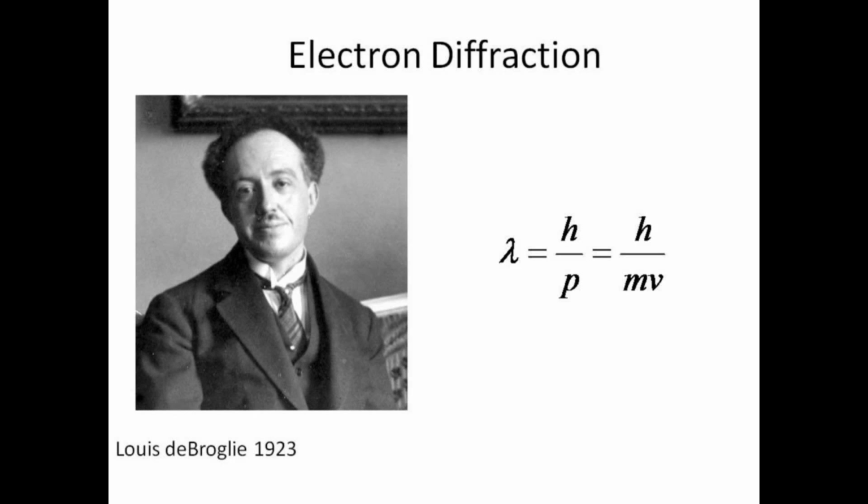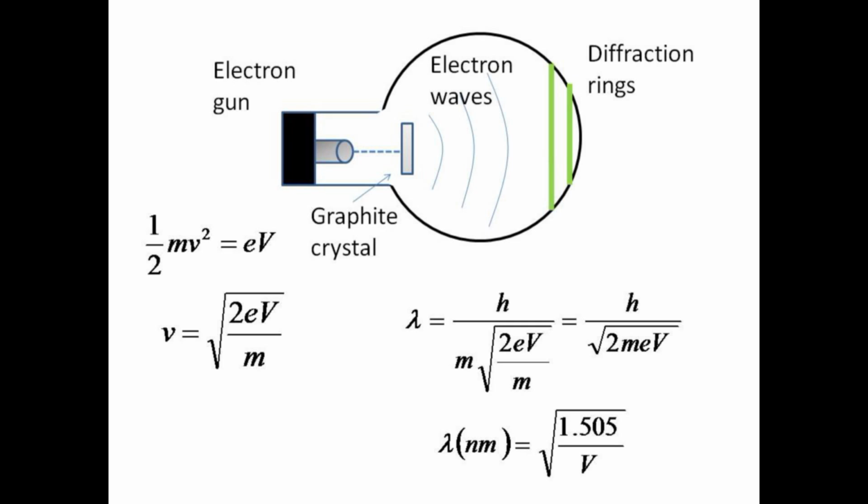In 1923, Louis de Broglie hypothesized that electrons travel as waves with a wavelength given by h divided by momentum. In this experiment, an electron beam will be aimed at a graphite crystal, which will act as a diffraction grating for the electron beam. The diffraction will appear as circular rings of interference maxima on a fluorescent screen.